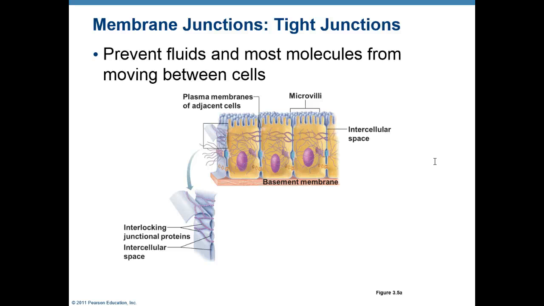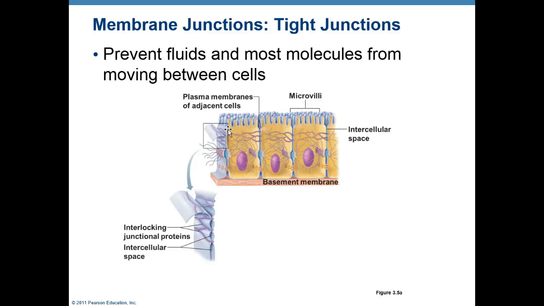The first type of junction is called a tight junction, and you tend to find these in epithelia, which line inner and outer surfaces of the body. What they do is prevent fluid from sneaking in between cells. And so you want to think of them as like a Ziploc bag. It's not a really strong bond. You can pull a Ziploc bag apart, but it fits really snugly together, so whatever fluid is in the bag stays in the bag.